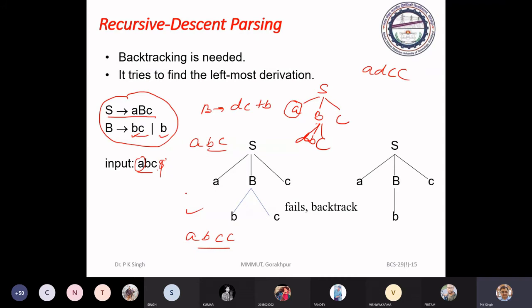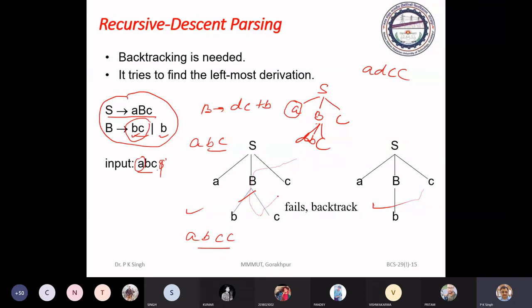We have to backtrack. Means we have chosen the wrong alternative. So we have to remove this and try the next alternative, replacement of B by B. So this is called backtracking.